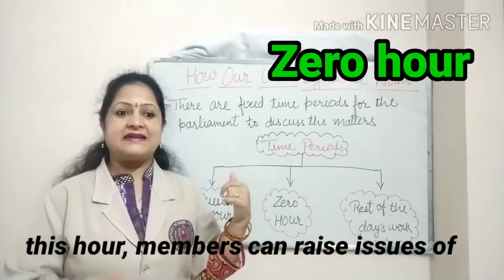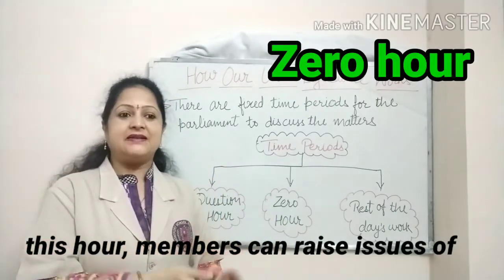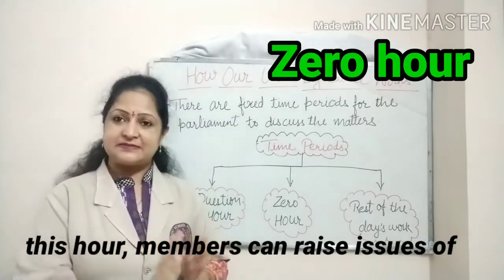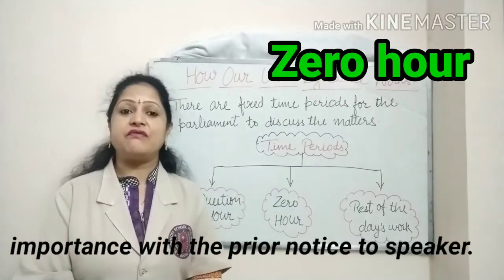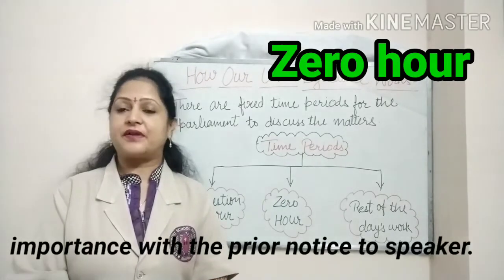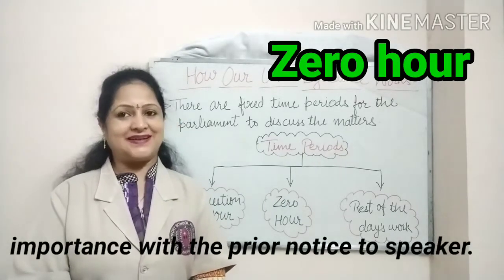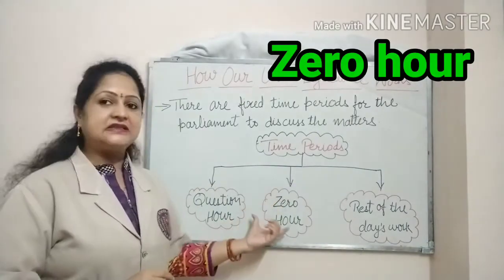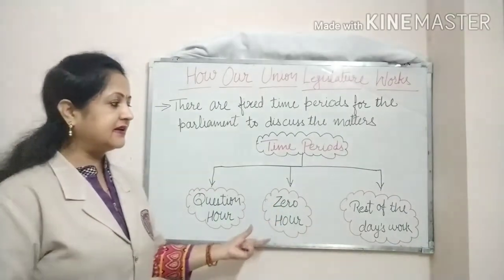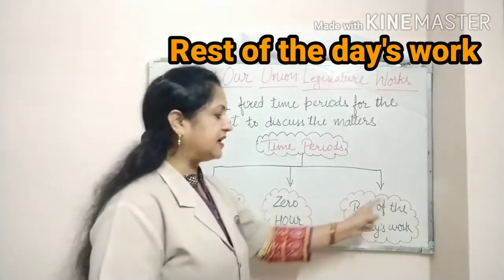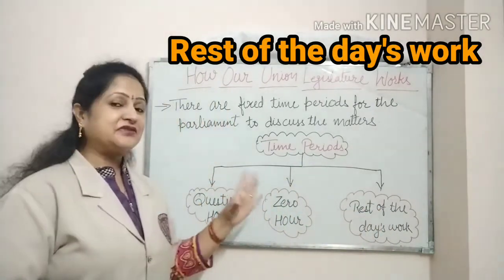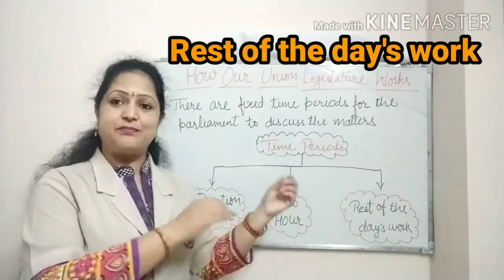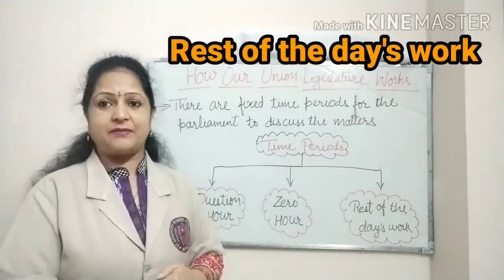During this period members can raise issues of importance with prior notice to the speaker. So this is our zero hour. Now the next is rest of the day's work. So after zero hour, the rest of the day's work is done by the parliament.